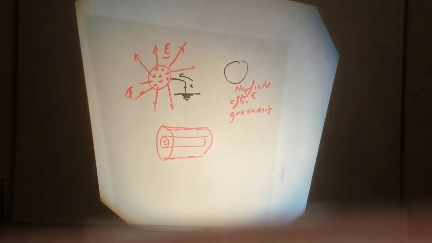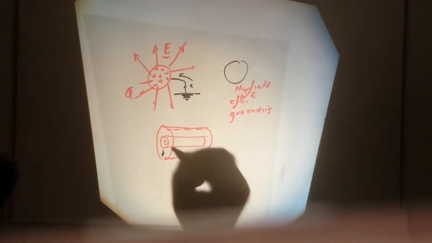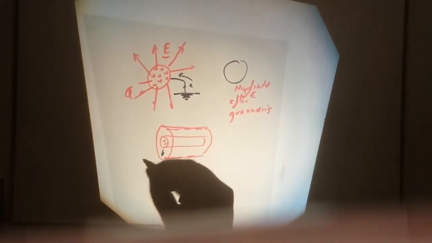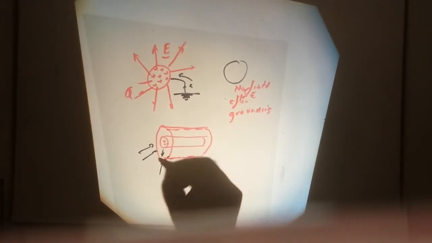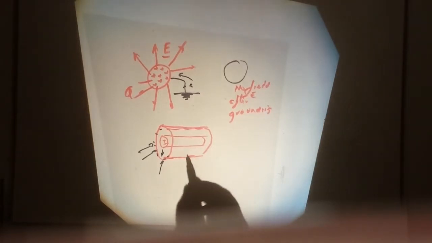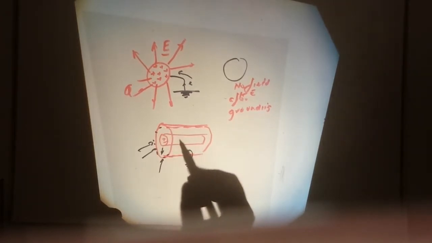Inside, assuming air between, you have electric field going from positive to negative. But the negative charges here also produce something outside. So therefore your system is not isolated. But if you ground this, you neutralize all the charges on the outside.